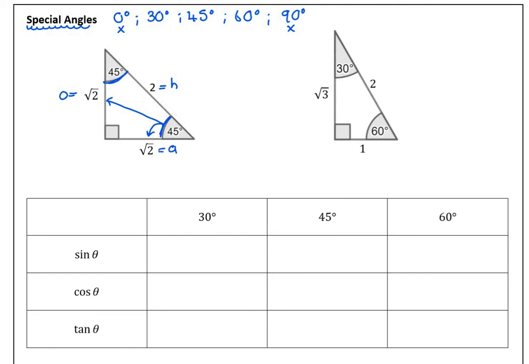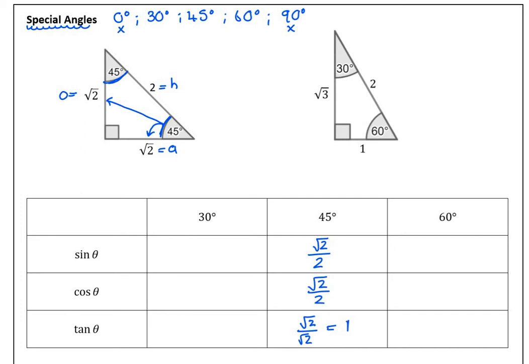And so what mathematicians did before we had calculators is that they accurately constructed this. So they know that sine would be opposite over hypotenuse, cos would be adjacent over hypotenuse, and tan would be opposite over adjacent. So they worked out those particular ratios by accurately constructing a 45-degree triangle.